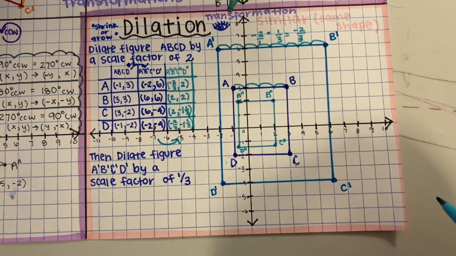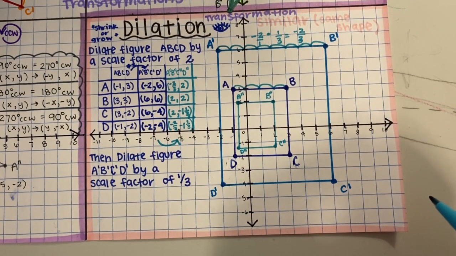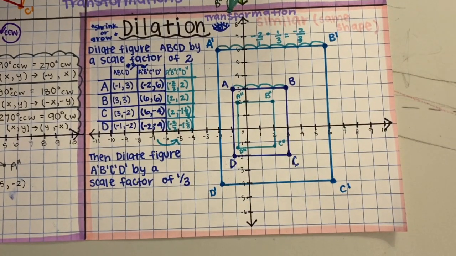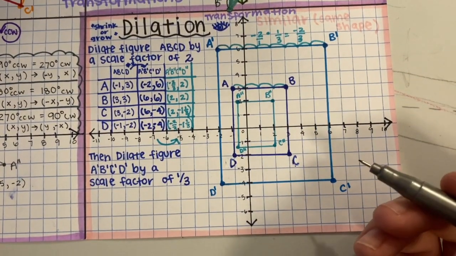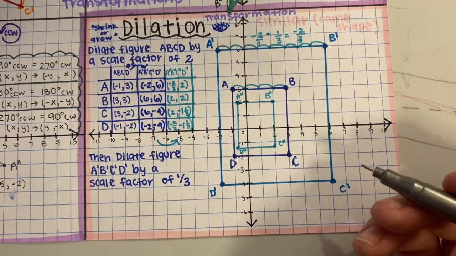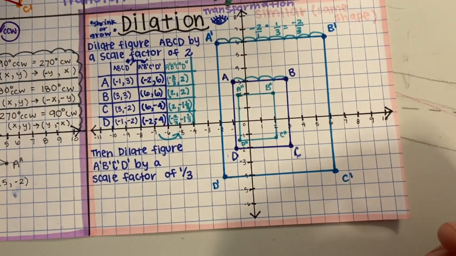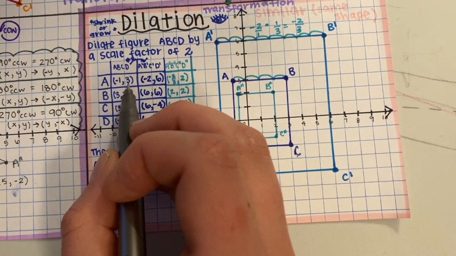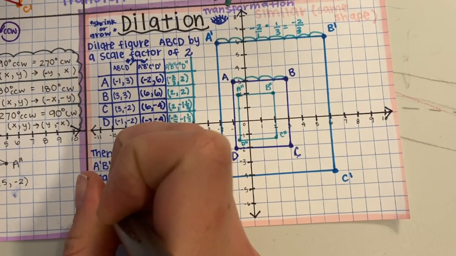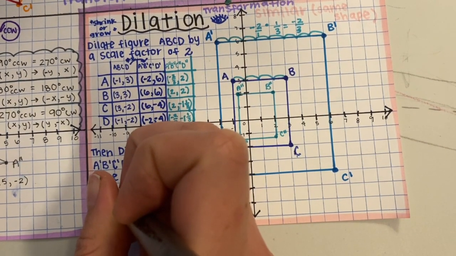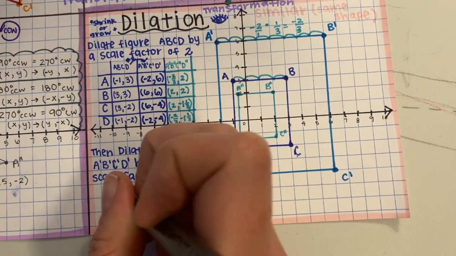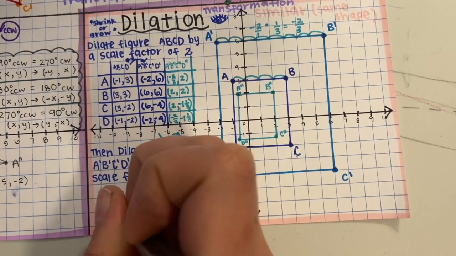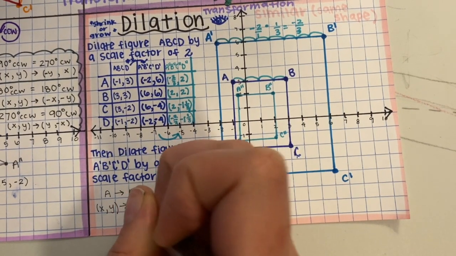And then last but not least, we have the way we can look at these algebraically. So algebraically speaking, when I dilate an image, all I'm doing is multiplying my coordinates. So when I dilated by a scale factor of 2, I multiplied my coordinates by 2. So we know that all we're doing to go from A to A prime is we just had X, Y, and we went to 2X, 2Y.